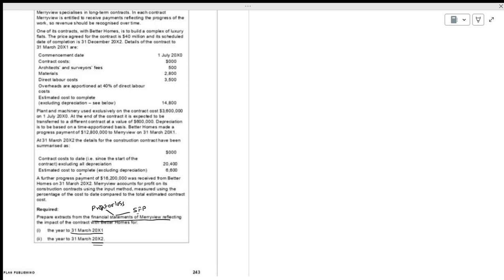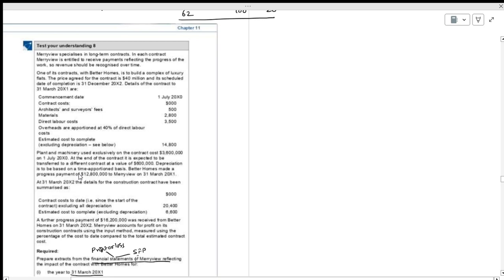What do they say? Meriview specializes in long-term contracts. In each contract, Meriview is entitled to receive payments reflecting the progress of work. So revenue should be recognized over time, the same process we have done.